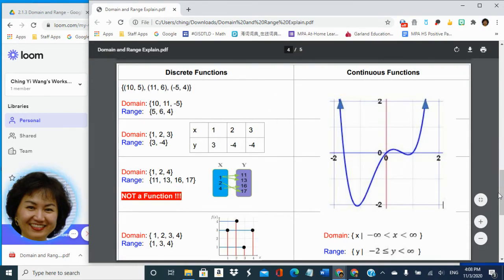There are two types of functions. One is discrete functions. The other kind is continuous functions. For discrete functions, you have x-y pairs as your data. It's input-output pairs.